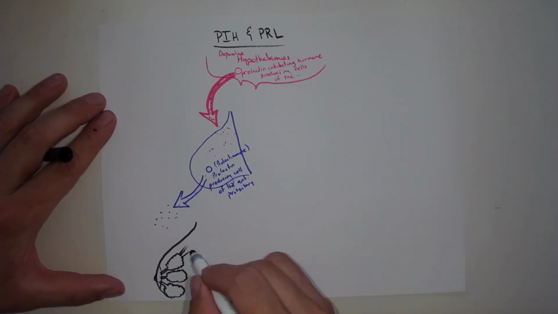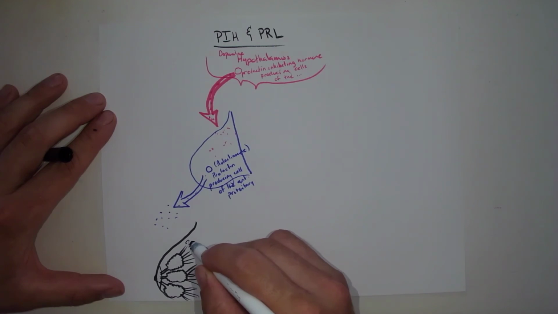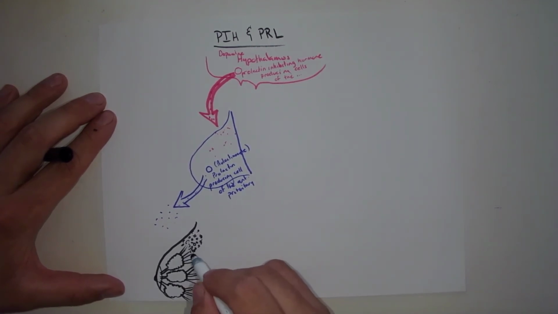Oxytocin affects the smooth muscle in these sinuses. Rather, these are filled with milk by alveolar cells. These milk-producing cells throughout the breast tissue are going to make milk, and that milk's going to accumulate in these storage sites before it's let down thanks to oxytocin.